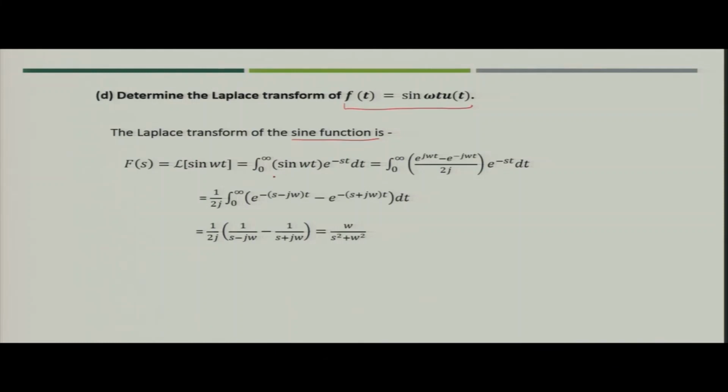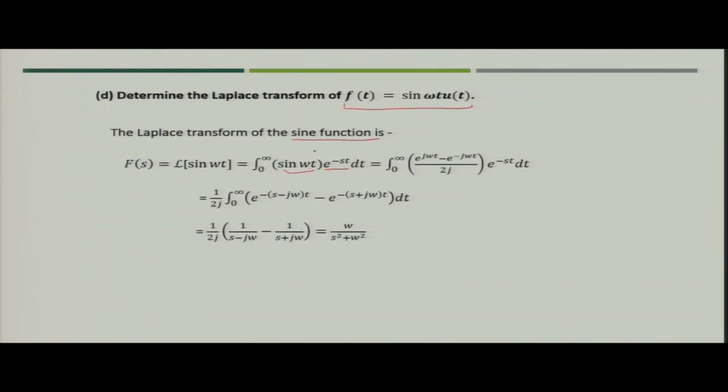Since it is u t, that is the unit step function, attached with sin omega t, instead of limit 0 minus you can put the limit from 0 to infinity, because only for that period will the function have the value sin omega t, otherwise the function value is 0. So, you can write the integration between 0 to infinity of sin omega t e to the power minus s t dt. Now, we have one exponential expression and another sinusoidal.